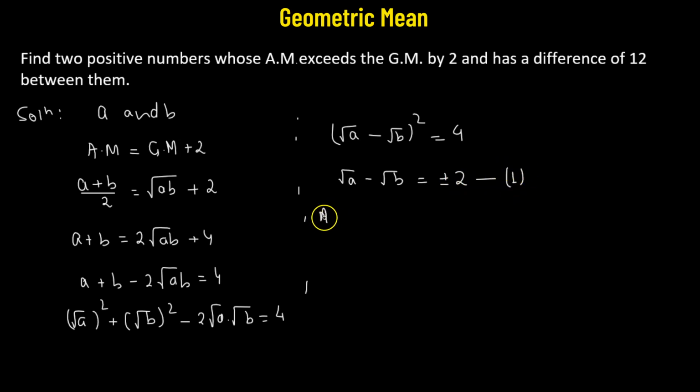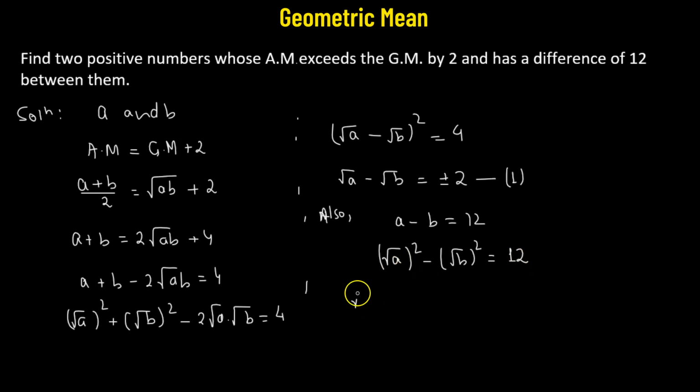Now we also have the condition that the difference between the two numbers is 12. That means a - b = 12. Now a - b we can express as (square root of a) squared - (square root of b) squared = 12.